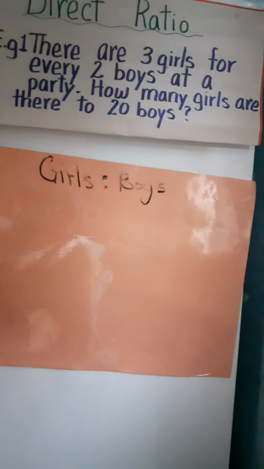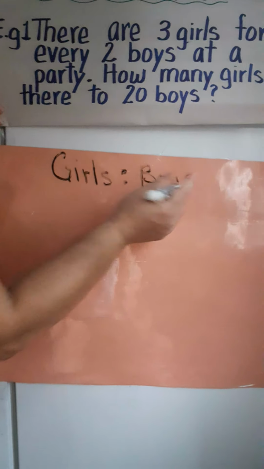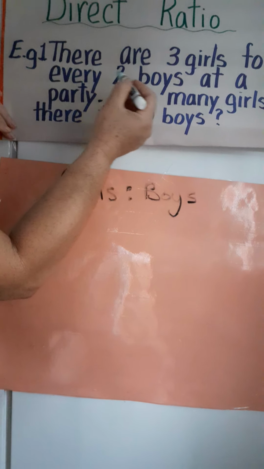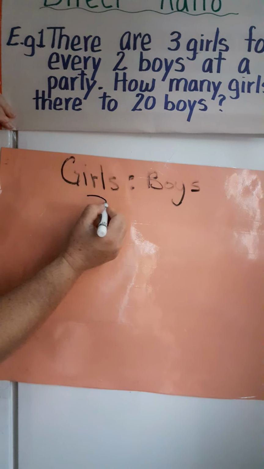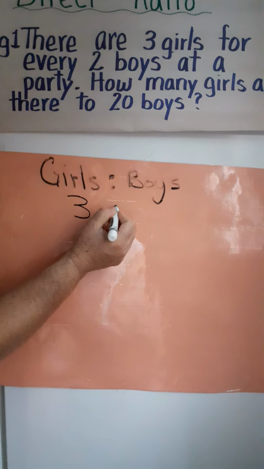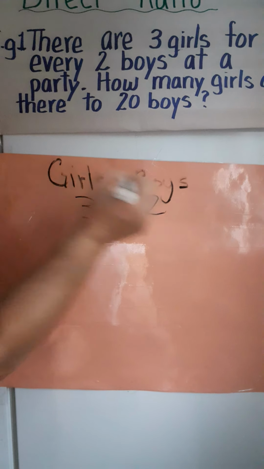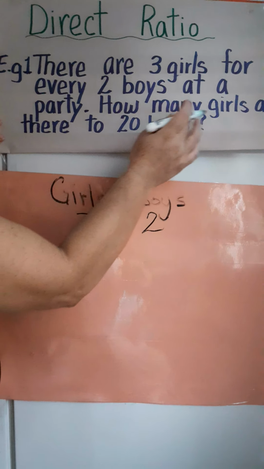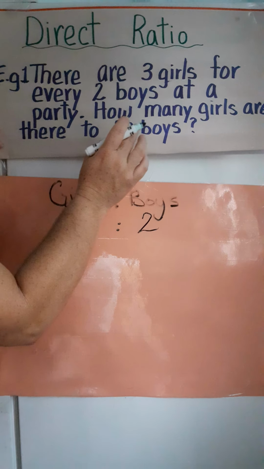Not sure if you can see that. I'm going to use another marker. Girls to boys. So it says that there are 3 girls for every 2 boys. So we write 3 to 2 boys. Okay? Now, it says how many girls are there to 20 boys.